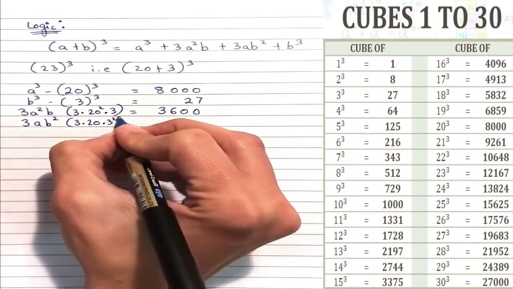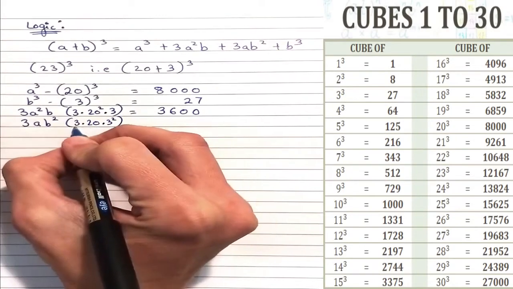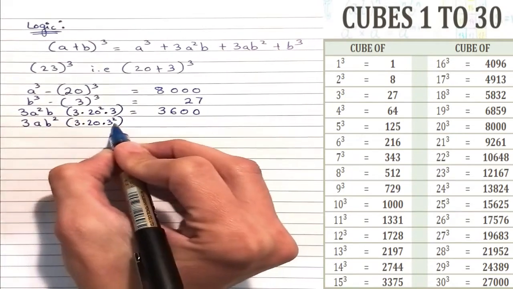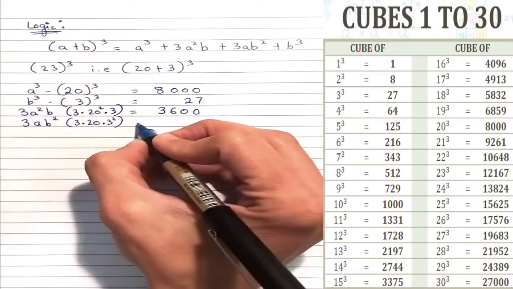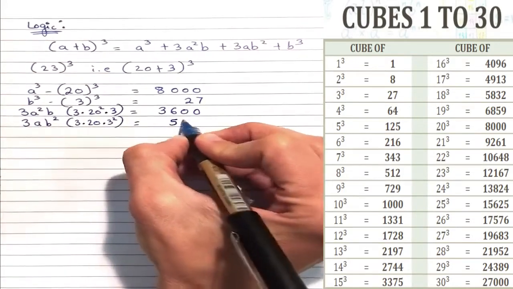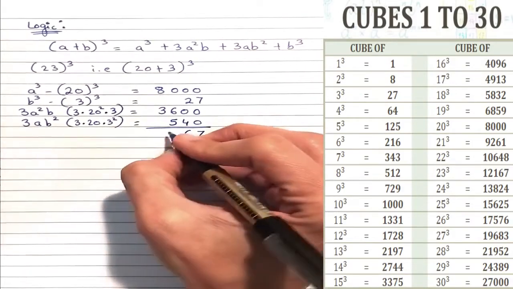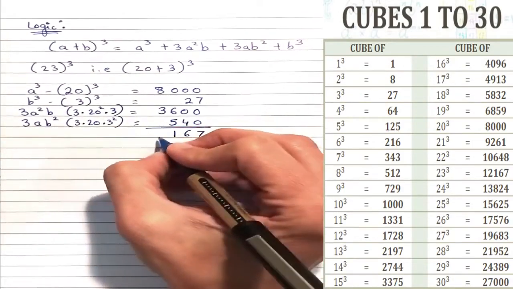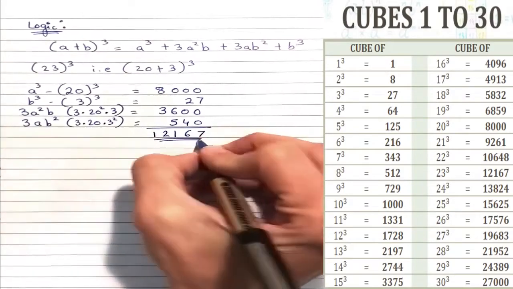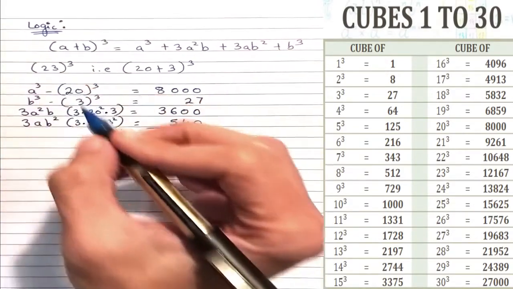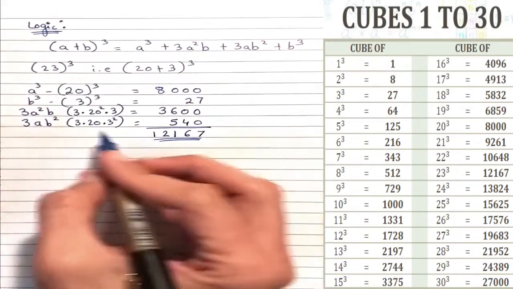And 3ab square will be 3 multiplied by 20 into 3 square, which will be 540. Okay, now let's add all these numbers. So it will be 12167, which is the same as our shortcut answer, right?